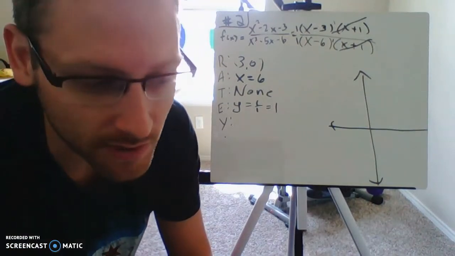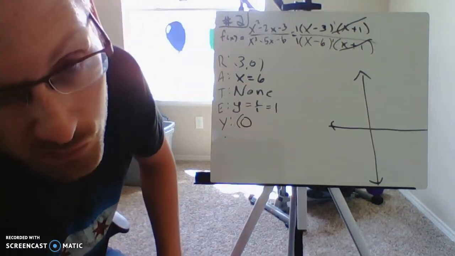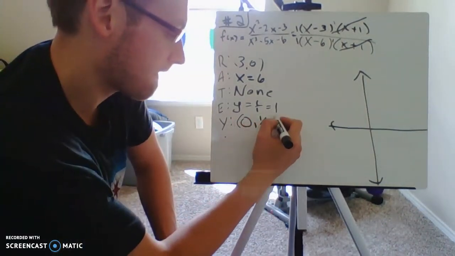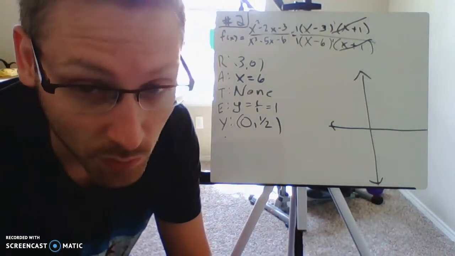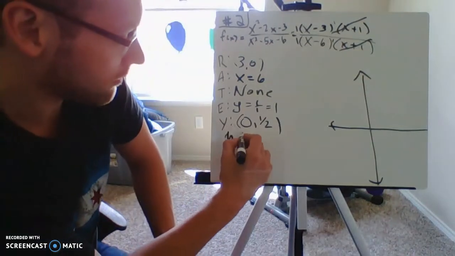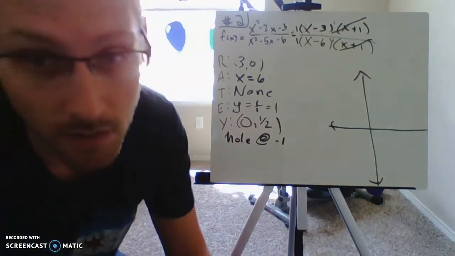And then finally for the y-intercept, we let x equal 0. We get -3 divided by -6, which is +1/2. All right. And then I do want to indicate that point of discontinuity, that hole at -1. So I'm going to say that there's a hole at -1, so I just need to remove it.